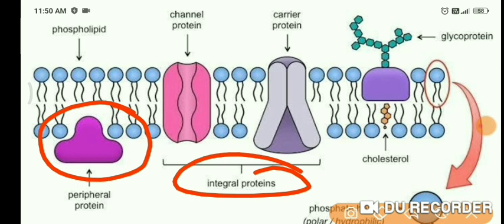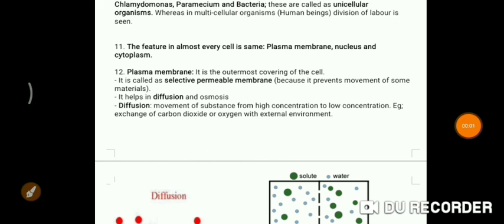Okay, now we will discuss a most important phenomena, that is diffusion and osmosis. Plasma membrane is also called selective permeable because it gives permission to some of the selected ions or molecules. It does not give permission to every molecule. Okay, now we will discuss about diffusion and osmosis.